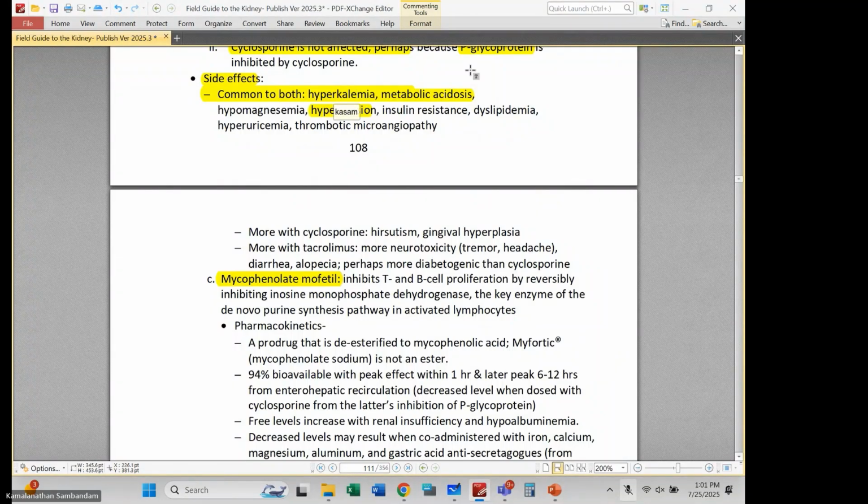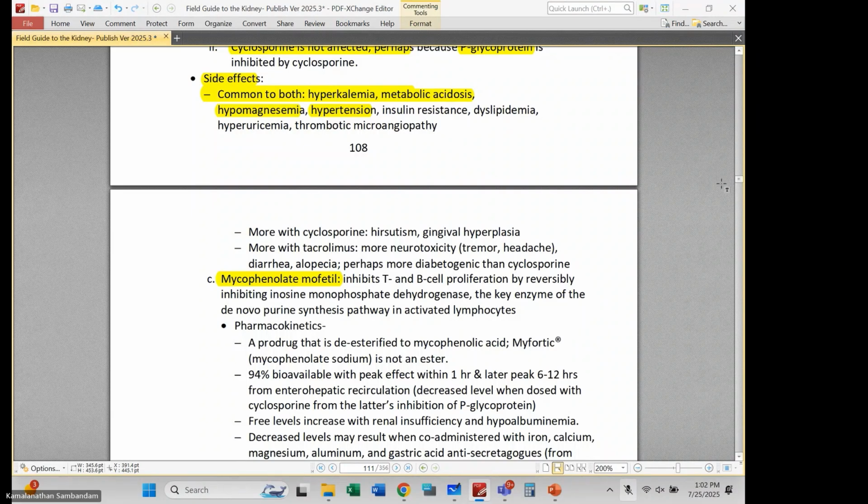So again, there's a mechanism behind the hyperkalemia, metabolic acidosis, and hypertension of calcineurin inhibitors. Think Gordon syndrome or pseudohypoaldosteronism type 2. Okay. There is also a predictable hypomagnesemia that happens with calcineurin inhibitors that involves claudins. We'll talk about that as we talk about hypomagnesemia.